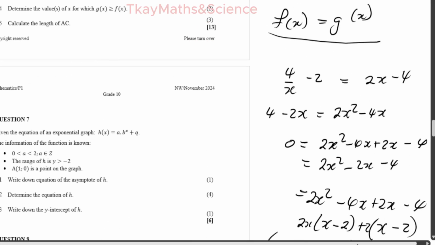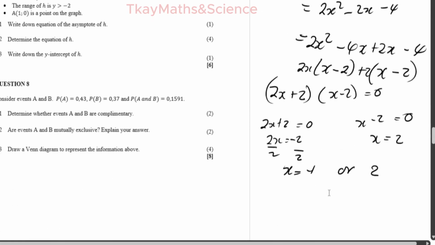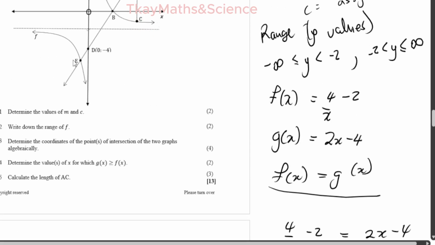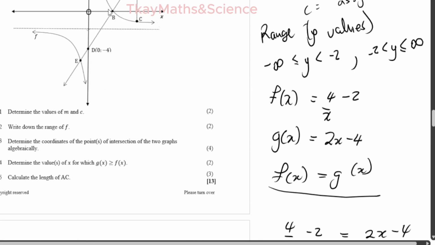So these points are going to be what? Because we see now this one is minus 1, this is equal to 2. What we're going to do now is check. Now this one is negative, so it's going to go on the negative side of this Cartesian plane, and the positive is going to come. So the positive, which is 2, is going to be here, and the negative 1 is here, right?